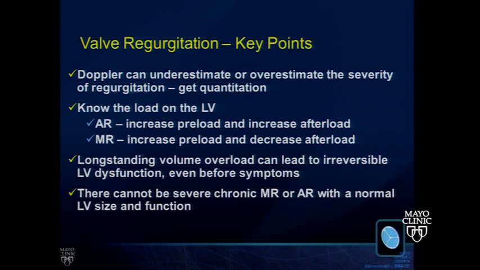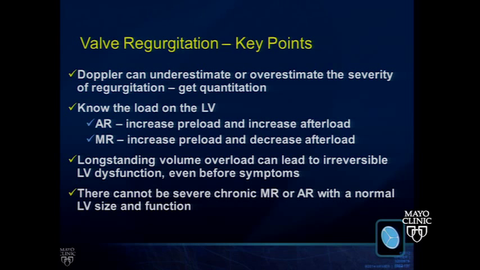So, I'm going to summarize. Yeah, let's summarize. So key points on regurgitation. Remember that your Doppler can underestimate or overestimate the severity of regurgitation. You want to get quantitation if at all possible in your laboratory. But if there's a discrepancy between the physical examination and what you get on echo, number-wise, or a discrepancy between what you get on echo number-wise and the size of the left ventricle, you need further information.